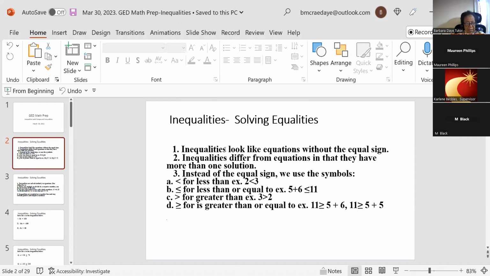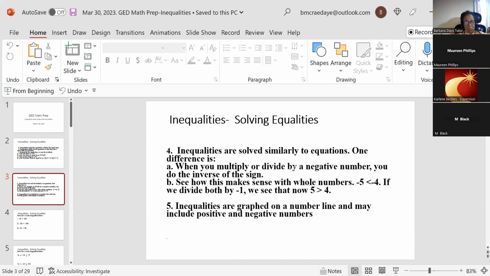But inequalities have more than one solution. Equations generally have just one, although sometimes you have a plus and a minus answer. But instead of equal, we use a less than or equal, greater than or equal. So just things you do with equations, like to keep them in balance, just think of I'm doing the same thing with my inequalities and keeping them in balance.